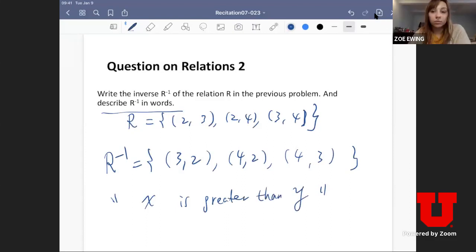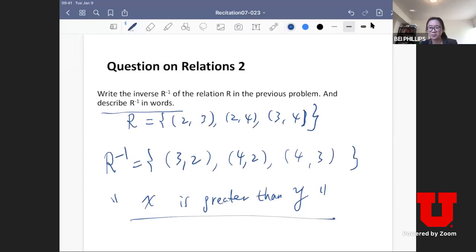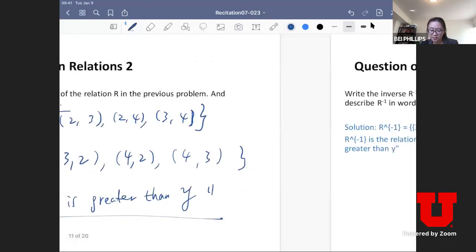Yes, but it's better to describe it this way. It's swapped based on the previous context. But if we want to describe it in English, we will say X is greater than Y. Right? It's swapped with respect to the relation X is less than Y. Okay, all right, so this is all easy.